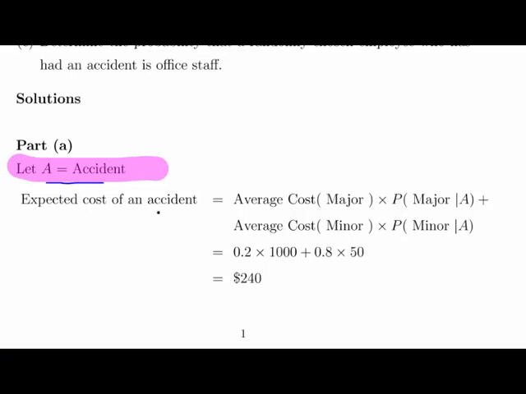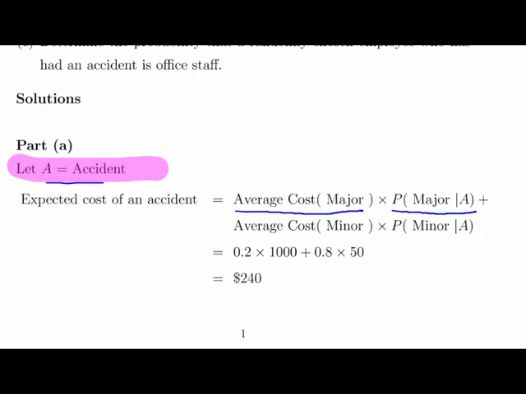So the expected cost of an accident is the average cost of a major accident times the probability that it would be major given that it's an accident, plus the average cost of a minor accident times the probability that it would be minor given that there has been an accident.